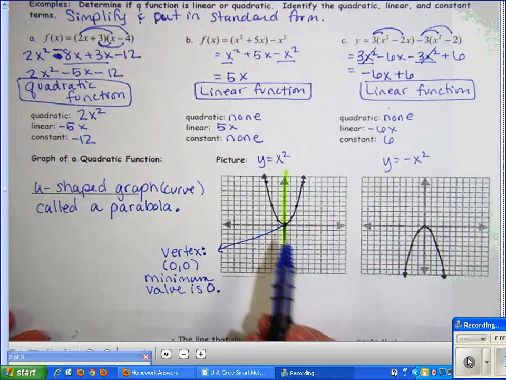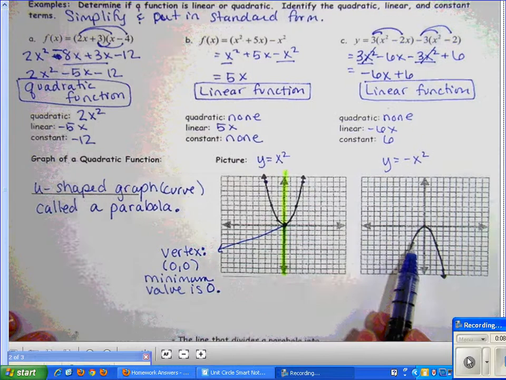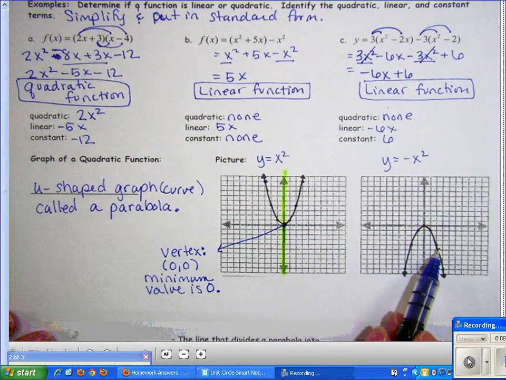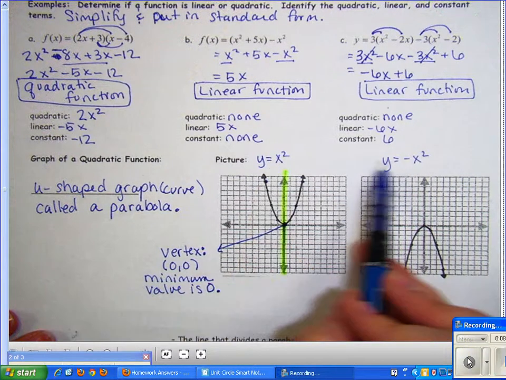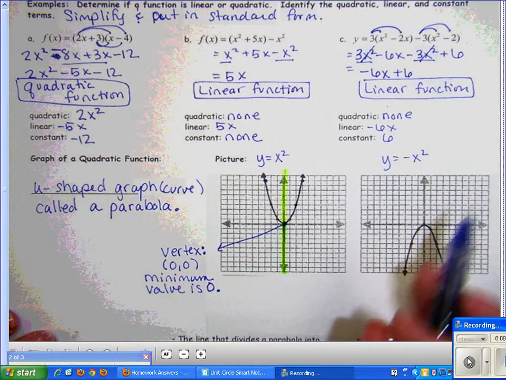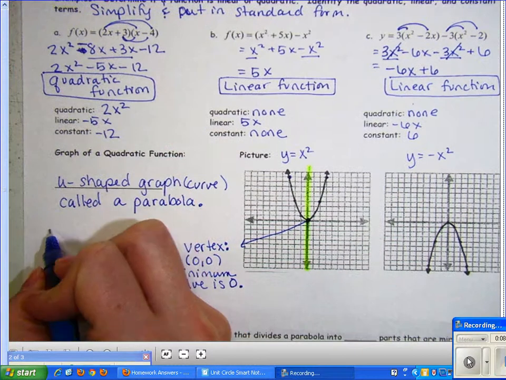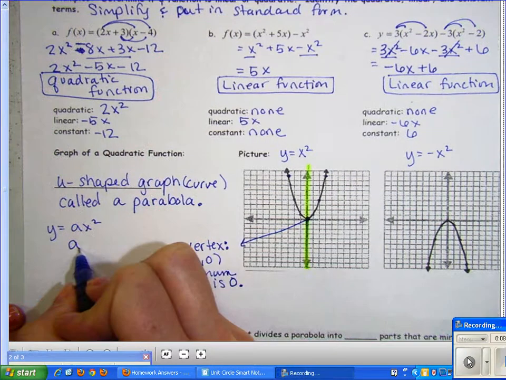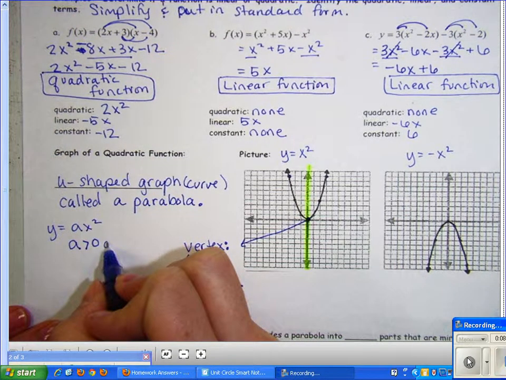Now, if you look at these two graphs in comparison, how do I know if my graph's going to open up, and how do I know if my graph's going to open down? Well, notice that the value in front of your x squared, or your quadratic term, is 1, and this one's negative 1. So you know that, and I'm going to write this off to the side, when your a value, so we have y equals ax squared, when your a value is greater than 0, your graph is going to open up.